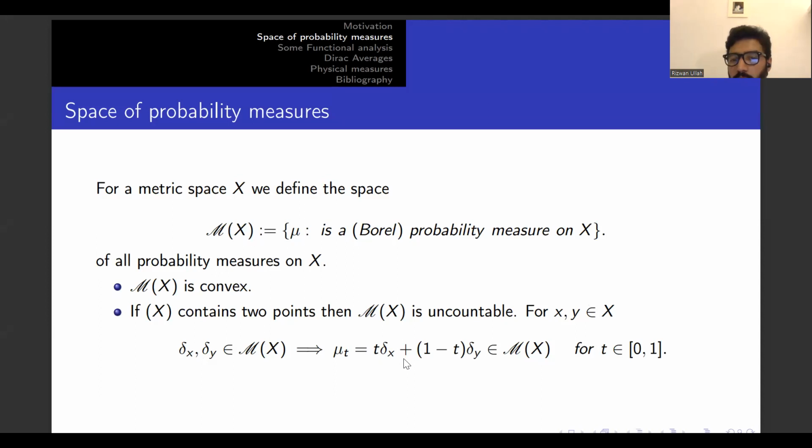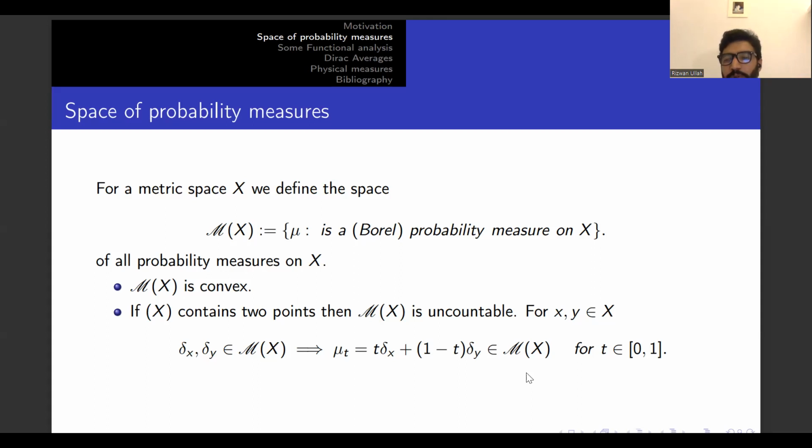And since it's a convex set, all the linear combinations with t in the interval 0, 1 are again in the space of probability measures. And since t is in the interval 0, 1, you get an uncountable family of probability measures, even when you have just 2 points in the space X. This tells us that dealing with measures is not easy, because you have an uncountable family of measures and then you have to choose a measure which works for your system.